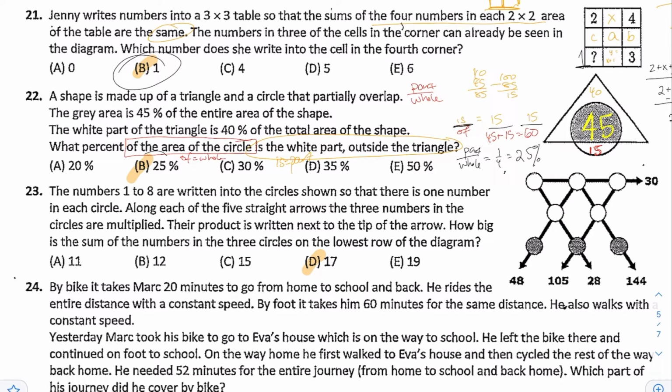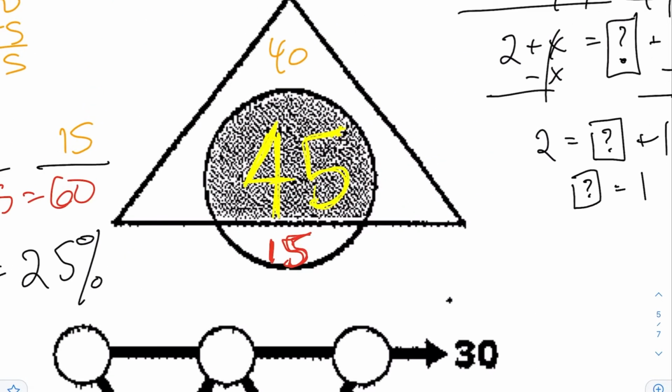So the answer is going to be choice B, 25%, because this is an is over of problem, which is part over whole. In this case, the whole is now switched to just this circle, or this 45 plus 15 part. Now everything is taken with respect to the total area, so you don't know what that is. So this is really 45% of t, 15% of t, and 40% of t.